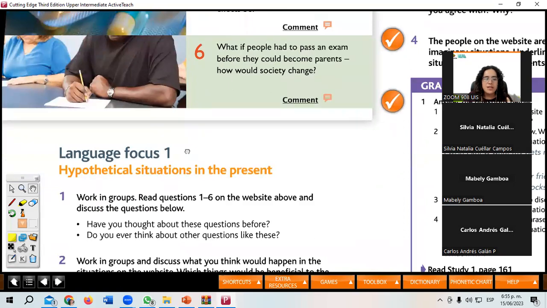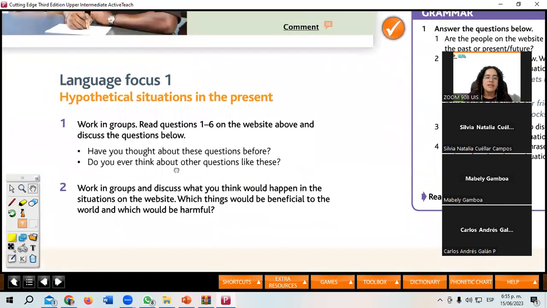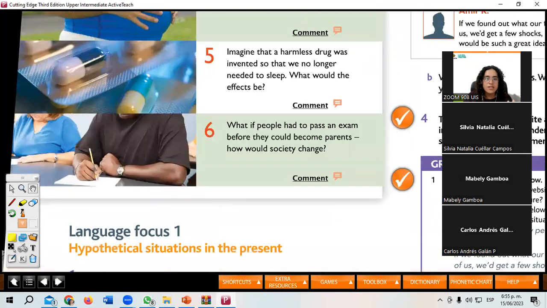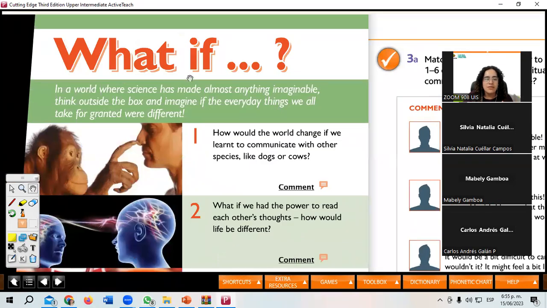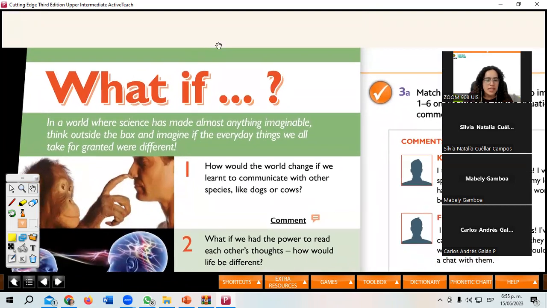So we're going to read the questions and then let's discuss what you think would happen in these situations if this was real, okay? So what if in a world where science has made almost anything imaginable, think outside the box and imagine if everyday things we all take for granted were different.